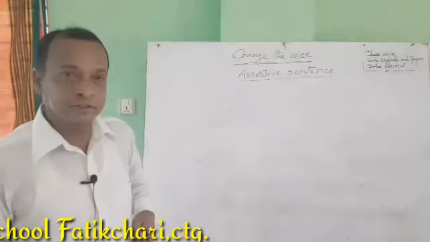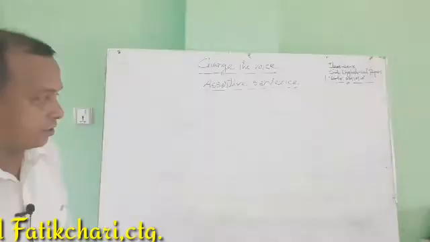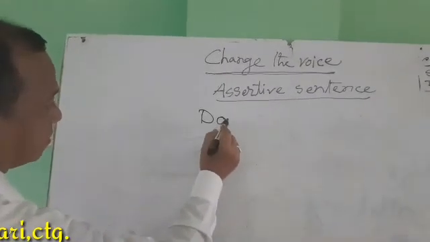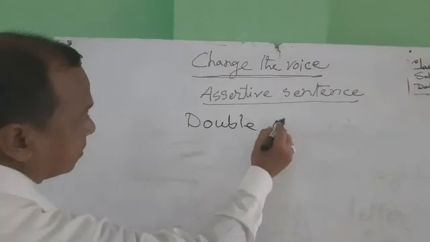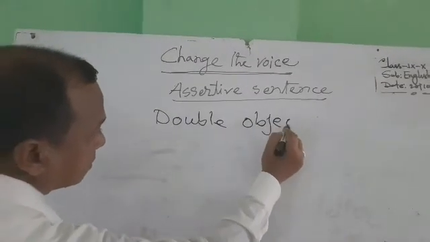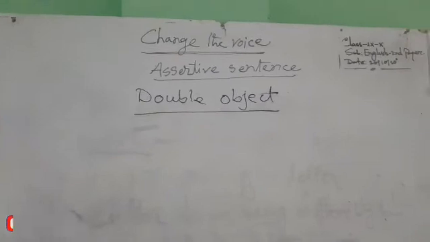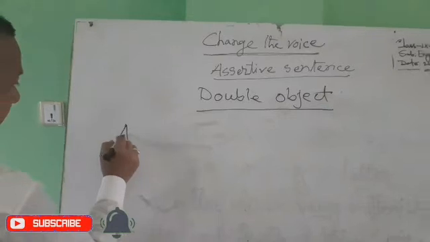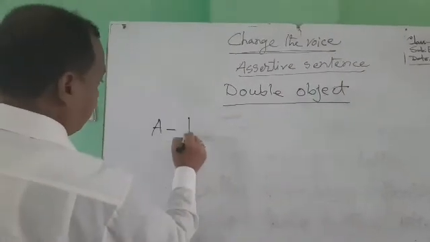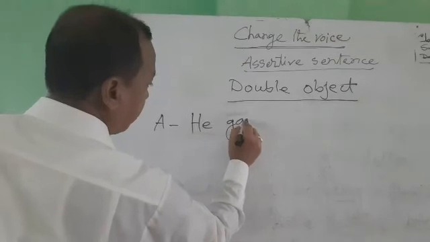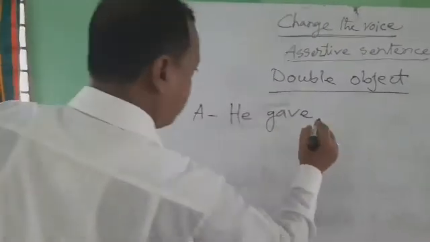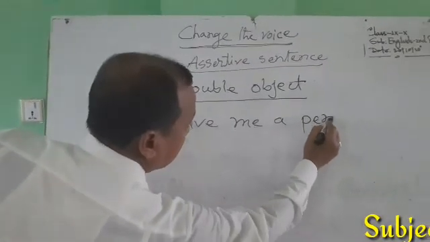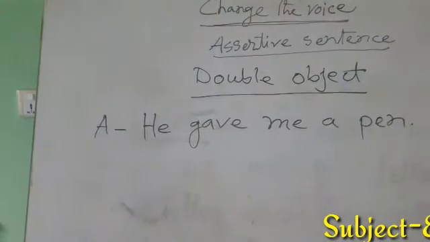Dear students, now we are going to learn double object. Look, active: He gave me a fan.